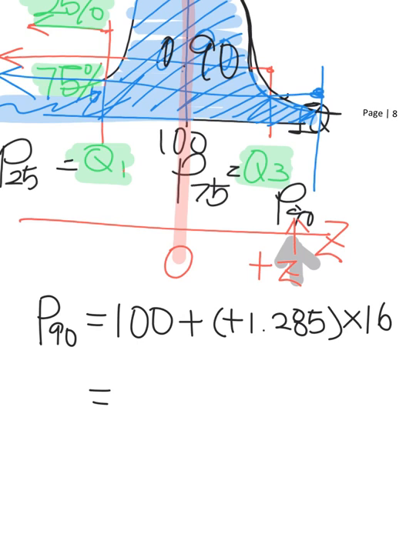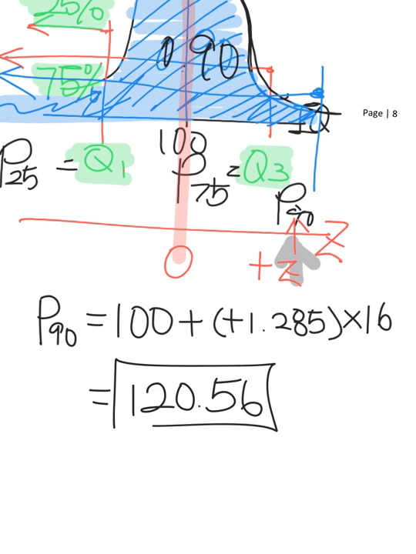It must be bigger than 100 because the 90th percentile was on the right-hand side. 120.56. It is the 90th percentile. Absolutely.